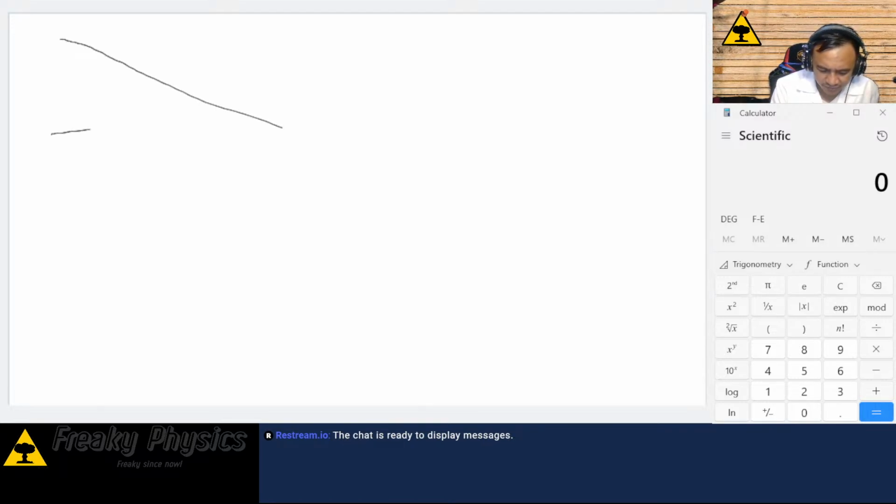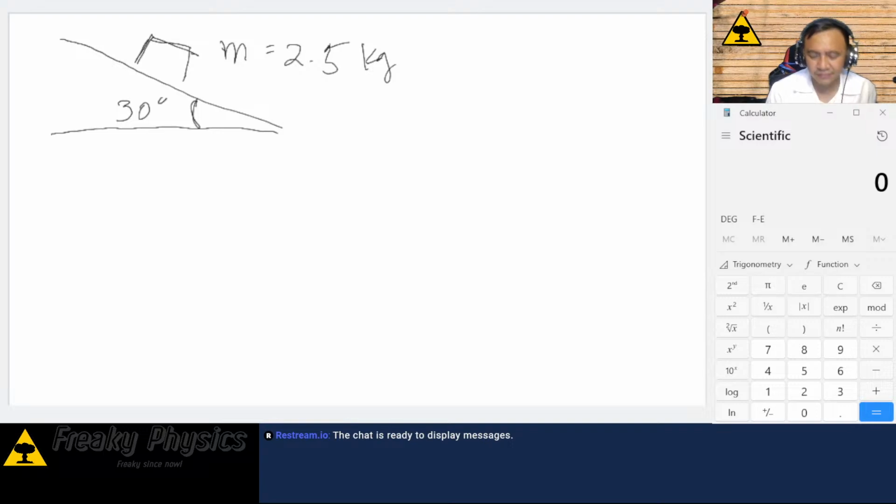So the simplest possible ramp problem is this, and you have your object, and let's say that this object has a mass. Let's give it a value straight away. Let's say this is 2.5 kilograms, and that this angle is, let's get an easy angle to work with first, 30 degrees. Let's also say that the object is in equilibrium.